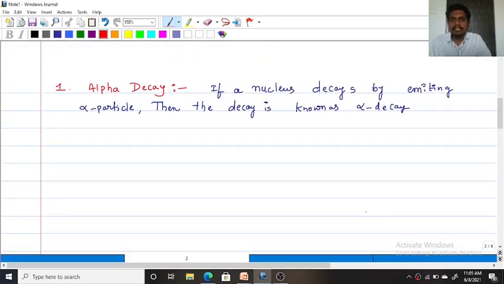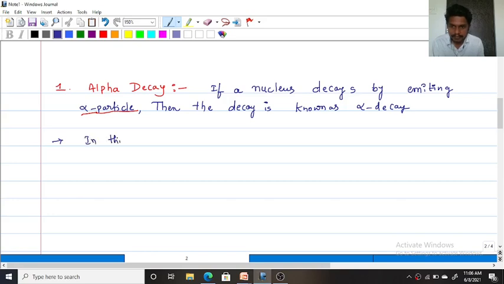First one is alpha decay. If a nucleus decays by emitting an alpha particle, then the decay is known as alpha decay.